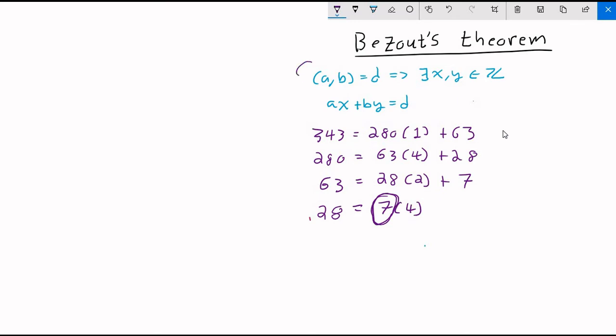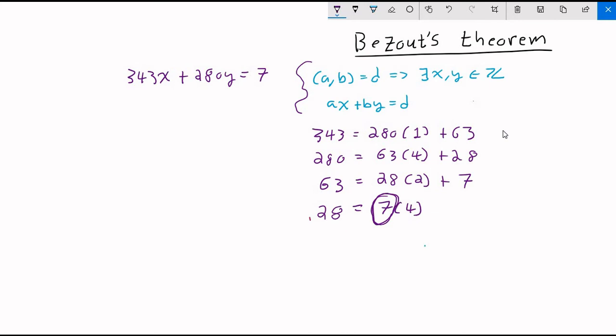So according to Bezout's theorem, we should be able to find some mysterious numbers, x and y, so that 343 times x plus 280 times y is equal to 7, their GCD. And from what we just saw, we use this sort of working backwards of Bezout's theorem.